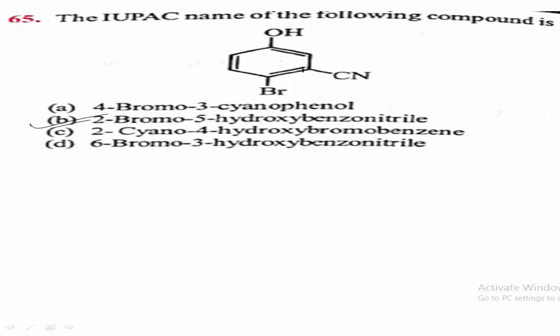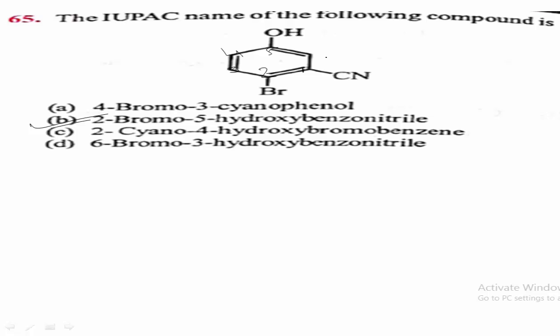Among bromine and hydroxy, if you start the numbering from this side, this bond is related to this also. Is it right? Yes. And this one is 3, this one is 4, this one is 5. We know that the cyanide is taken as the suffix, and Br and OH come in the prefix place.